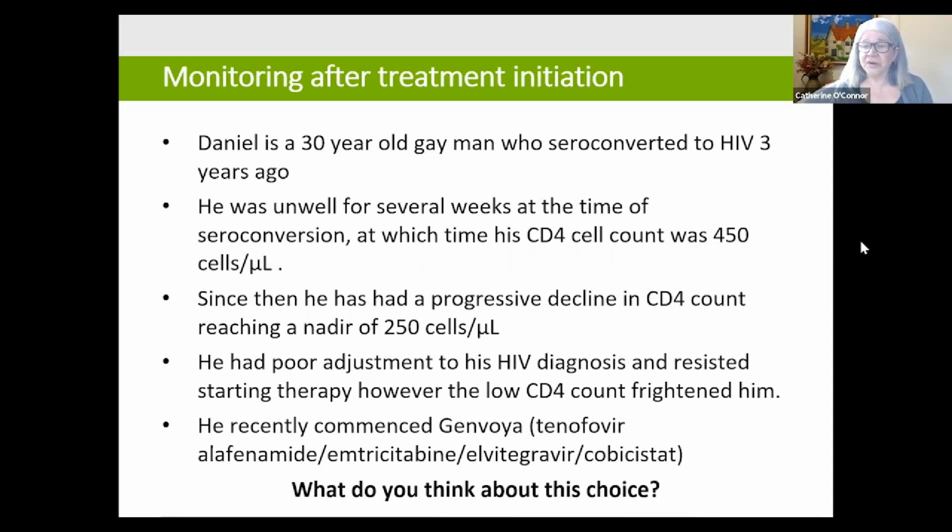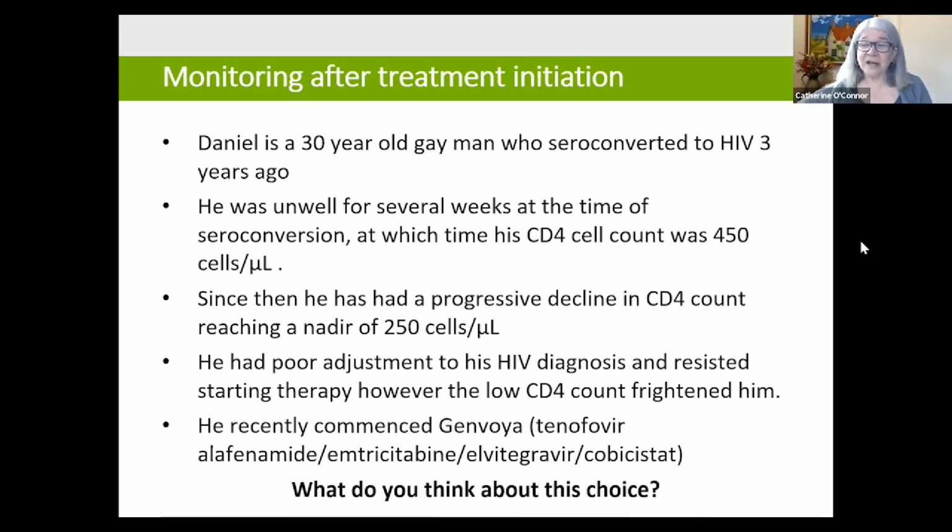So we've already talked a little bit about Genvoya and the choice of this as our first line therapy. Firstly, I suggested that the good thing about it was a once-a-day medication and it had a TAF component. However, it did have cobicistat in it.